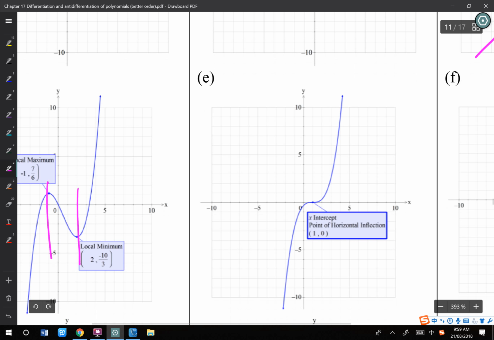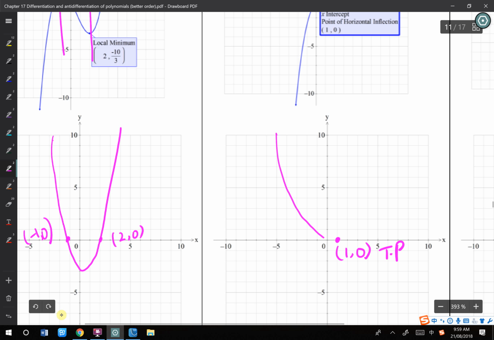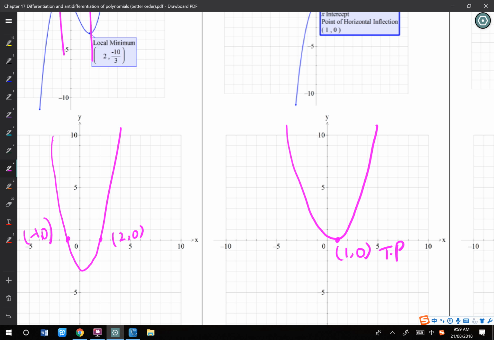Is that an increasing or decreasing function for the original one? Increasing. So every gradient needs to be positive, right? So what I sketch is this. Okay, it's all positive, all above the x-axis, nothing below the x-axis. So I will have a quadratic, but with a turning point at 1, 0. And 1, 0 is also the x-intercept.